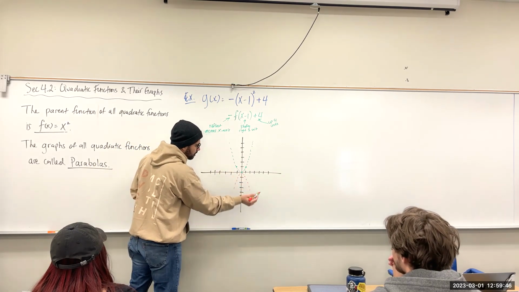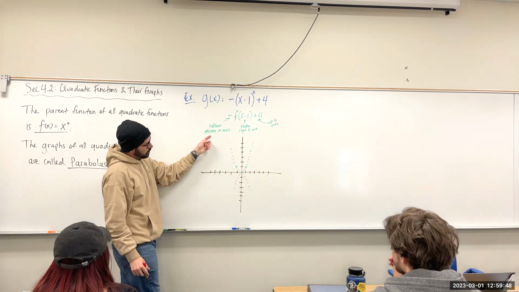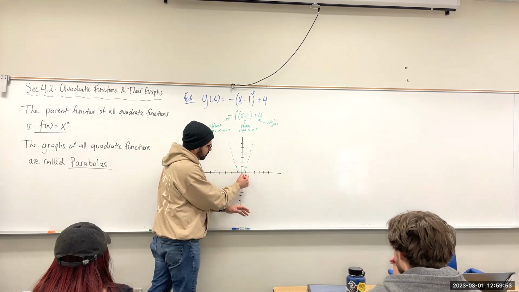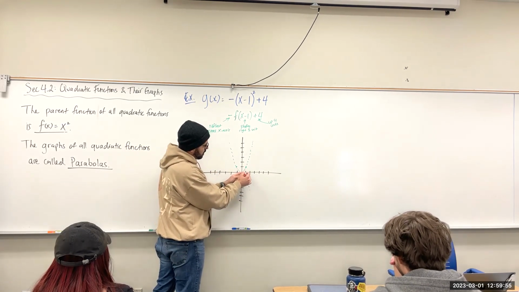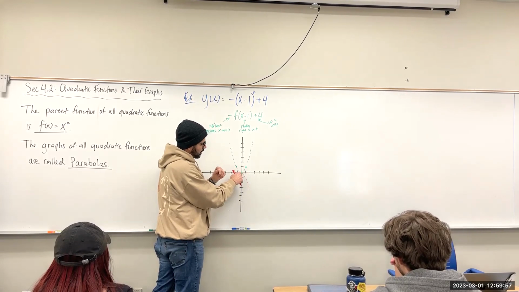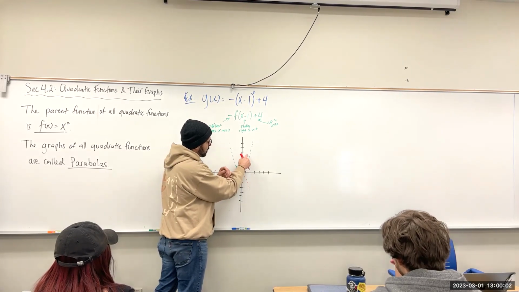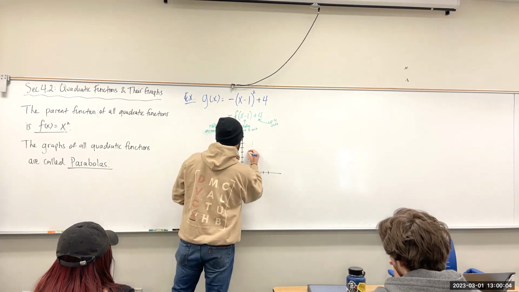Reflect it down. And then we're going to shift 1 unit to the right, so then it moves over here, and then we're gonna go up 4, right? So the vertex goes here, shifts 1 unit this way, and then 1, 2, 3, 4. So it shifts up here at 4.